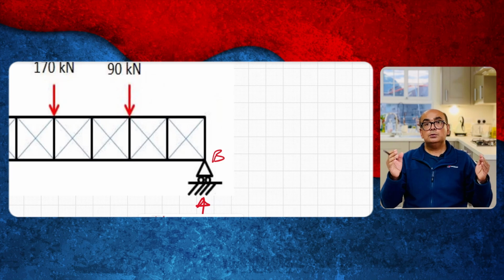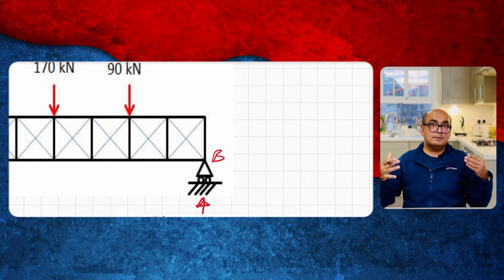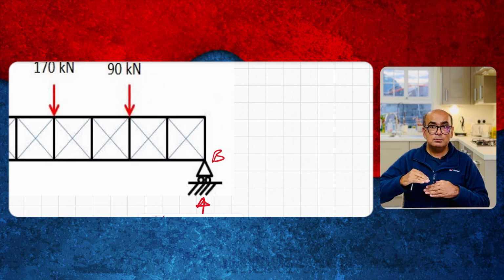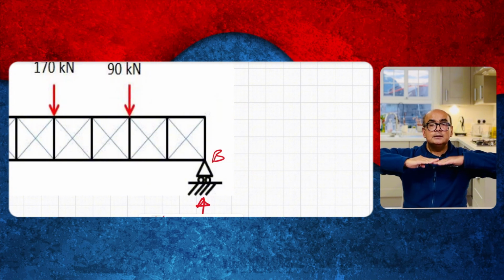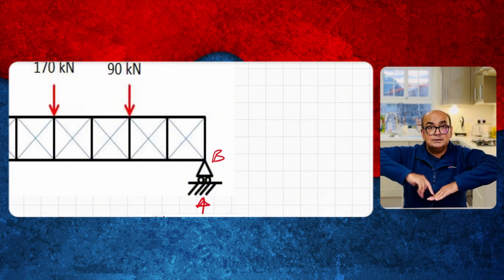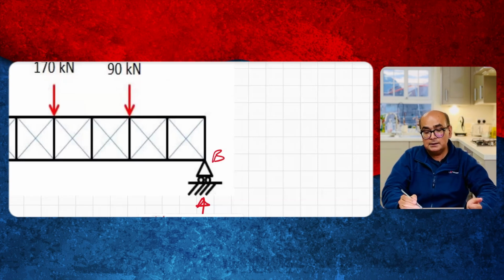Also, if you imagine this truss like a beam, the top portion is going to be in compression and the bottom portion is going to be in tension. So when you bend something, the top portion is always in compression and the bottom is in tension. And you know that tension is indicated by arrows pointing away from the joint.